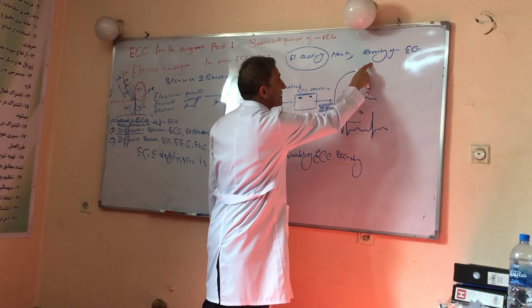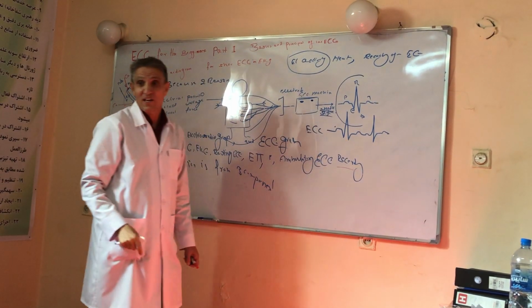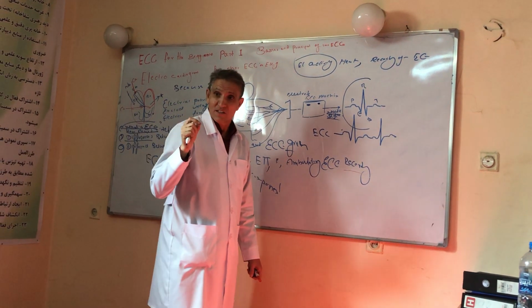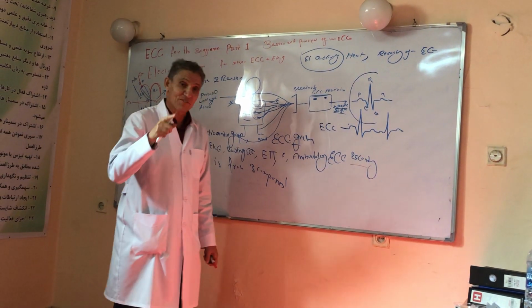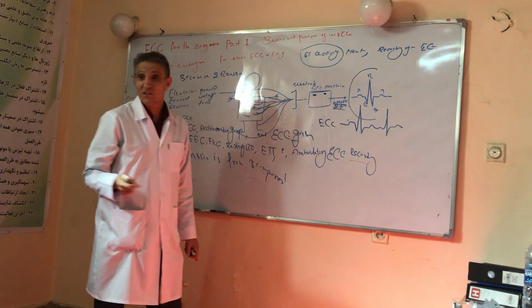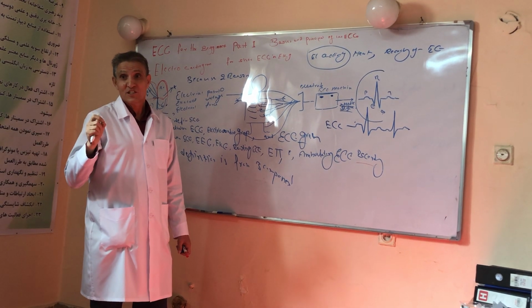This recording of electrical activity is related to the electrode. We will have a nice discussion about the electrode in my future lecture. Electrode. And finally, ECG paper. We also have a nice lecture about the ECG paper.